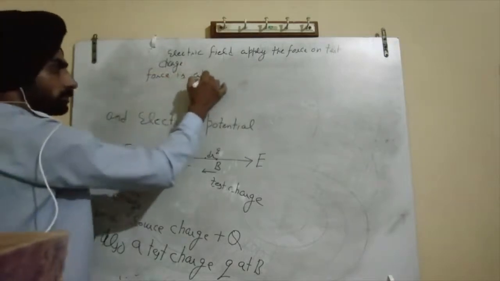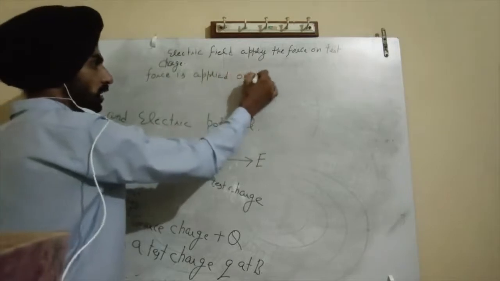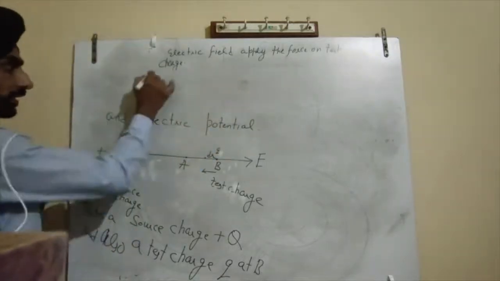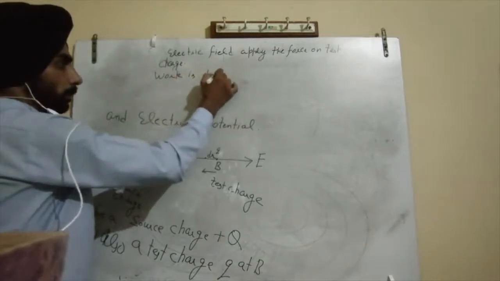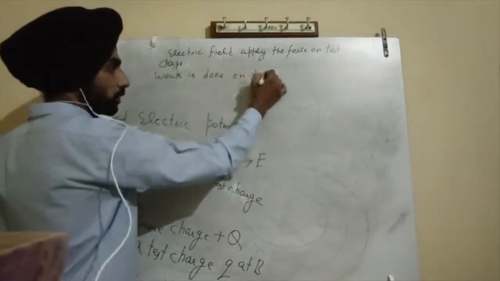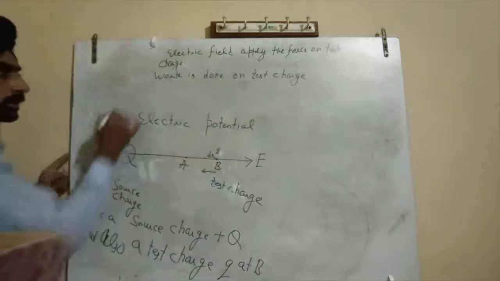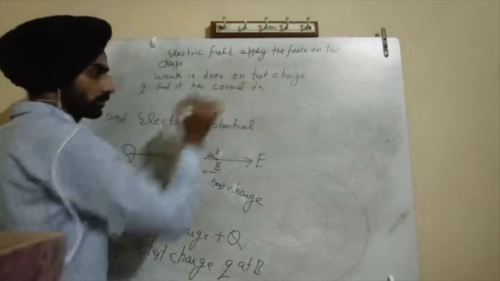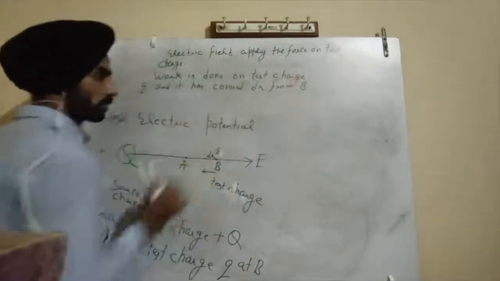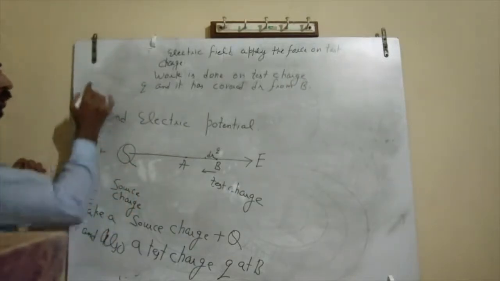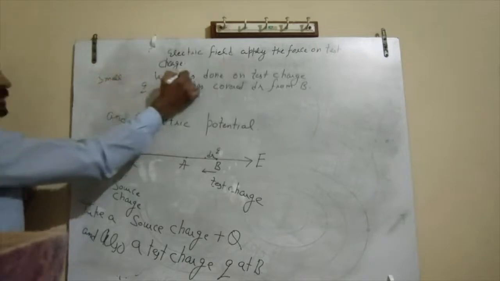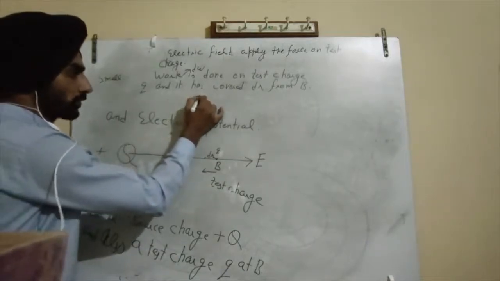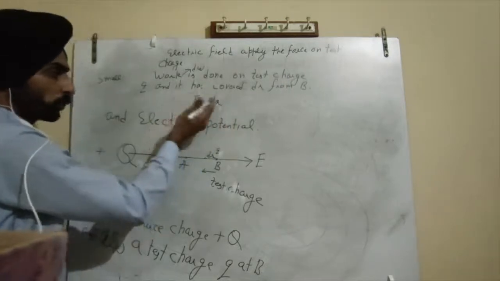Force is applied on the test charge, or you can say work has been done on the test charge Q, and it has covered dr from B. So the small work dW is done on test charge Q, and it has covered dr from B. Force into displacement is work.